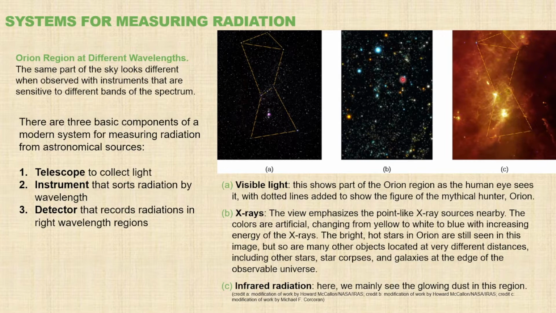On B here, this is the same region now looked at by a different lens, and now that lens records the X-rays coming out from that region. X-rays, not visible light, but X-rays, a little stronger part in our spectrum.